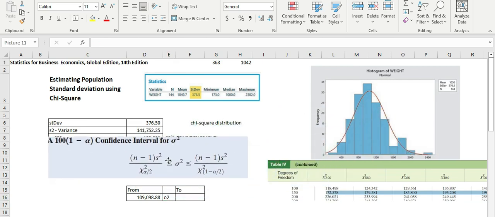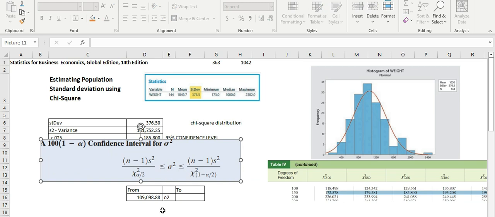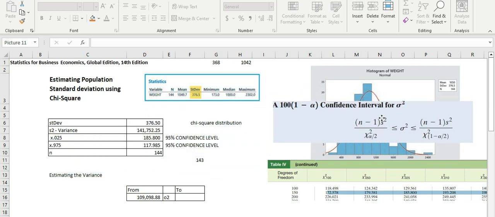We're just following this computation here, and later we will explain that. So this sigma squared is this one, and we also compute for this one.